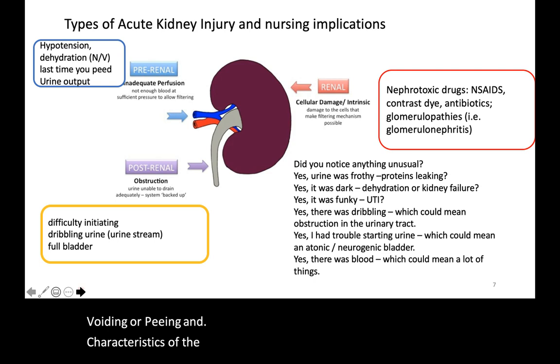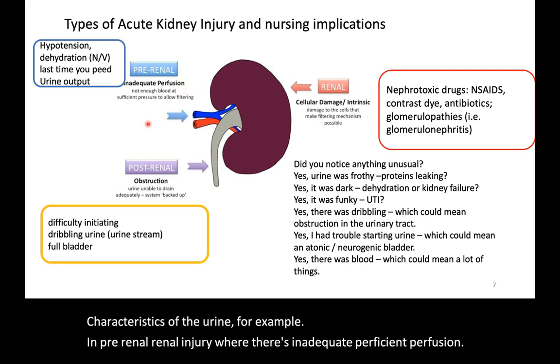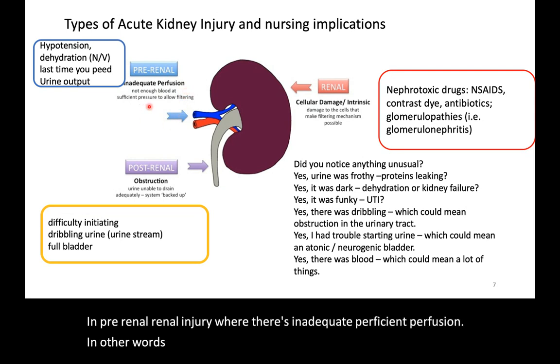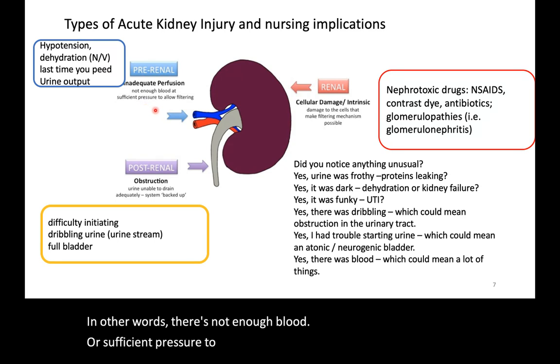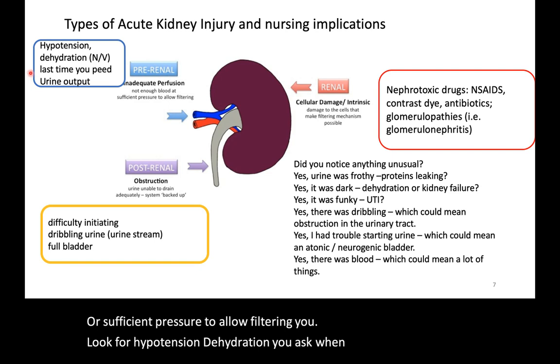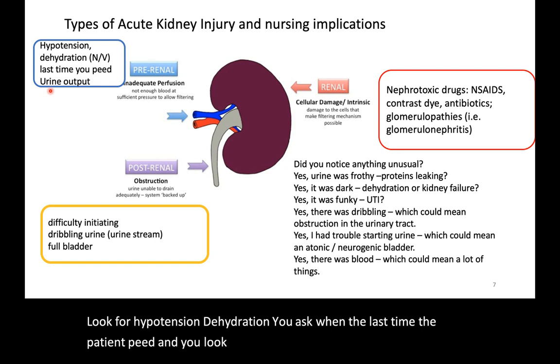For example, in pre-renal injury where there's inadequate perfusion, in other words, there's not enough blood or sufficient pressure to allow filtering, you look for hypotension, dehydration. You ask when the last time the patient peed, and you look at urine output.